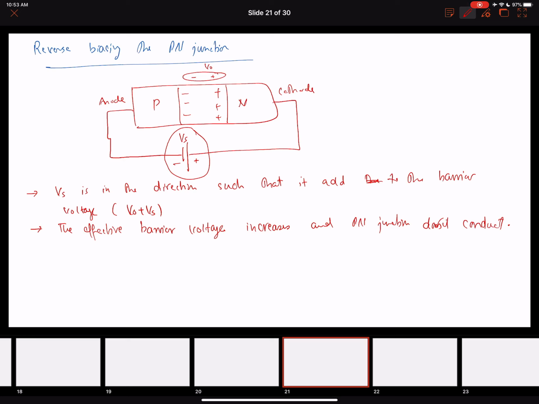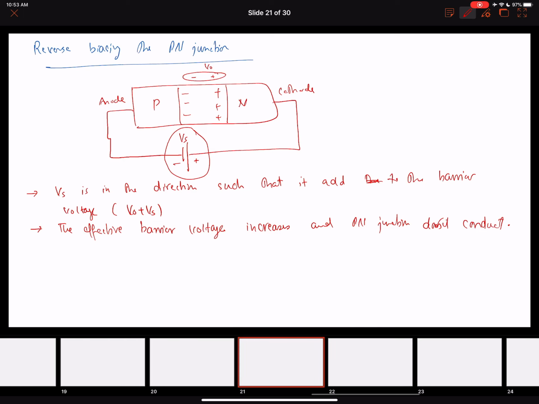All right, there's one small concept that I want to talk about before we end this lecture today, and that is known as breakdown or avalanche. So what will happen if we continue to increase this Vs in the reverse bias condition, right?